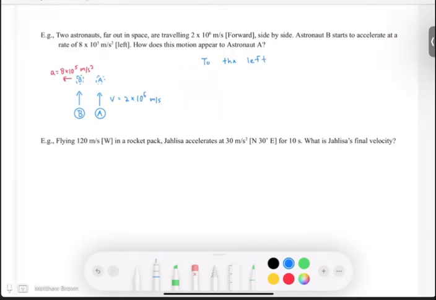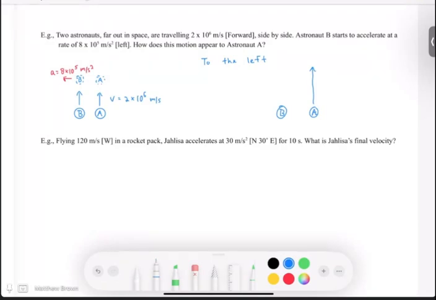And you could kind of think of it like this if you wanted to look at A's motion. A is going like this, and B still has this same forward component, right?